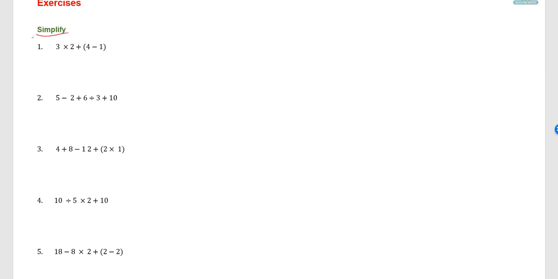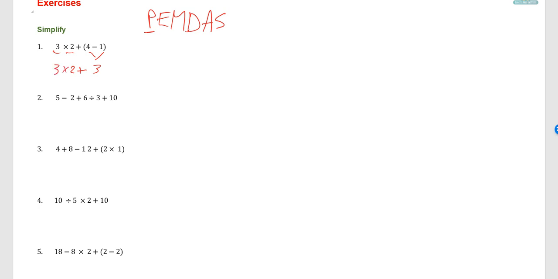So simplify. 3 times 2 plus 4, parentheses 4 minus 1. So write out the mnemonic again, PEMDAS. So parentheses first, so I have 4 minus 1 gives me 3, and then just write everything else. 2 times 3, right?